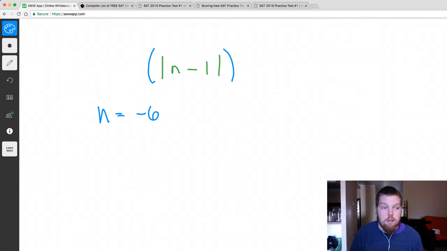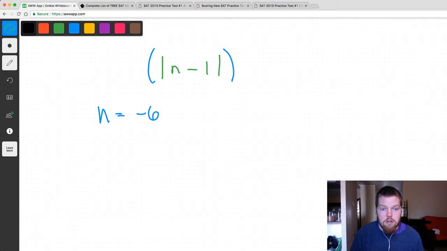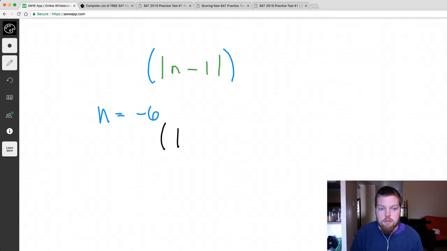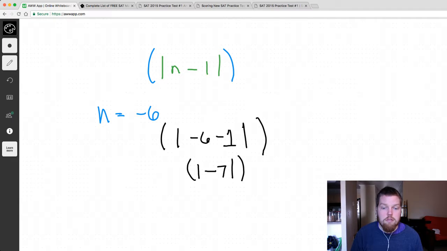So I would write parentheses absolute value -6 minus 1, and absolute value, we'll make this 1, and then parentheses. So negative 6 minus 1 would be negative 7, absolute value. I put that in parentheses to remind myself to take the absolute value, and the absolute value of negative 7 is 7. We always make the number positive for the absolute value.